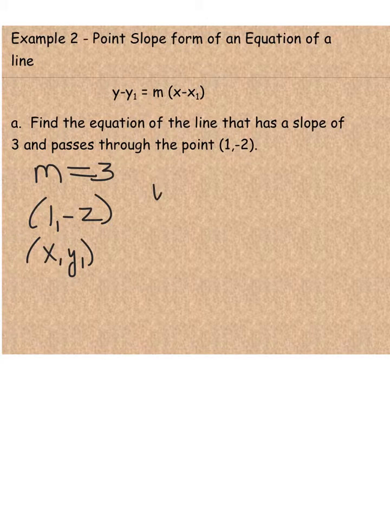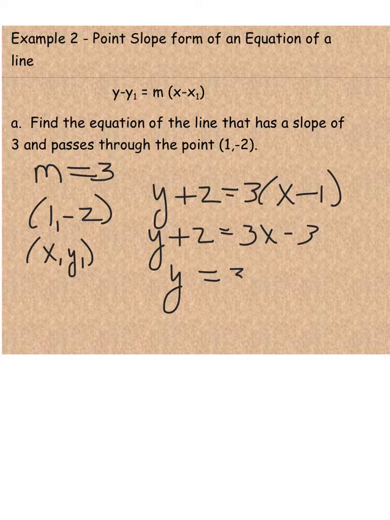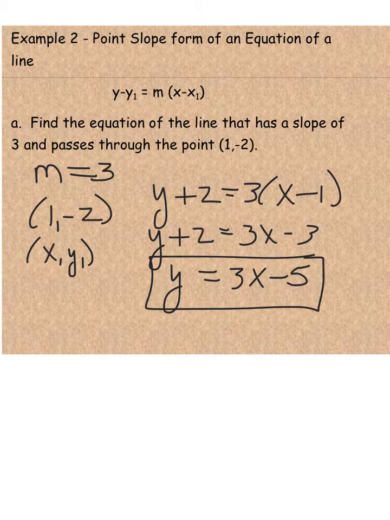So we'll substitute this information. Y minus -2 will give us y plus 2. Our slope is 3, and we'll have x minus 1. We'll simplify this equation, distribute, and this will give us the equation of this line, which will be y equals 3x minus 5. This equation is in slope-intercept form.